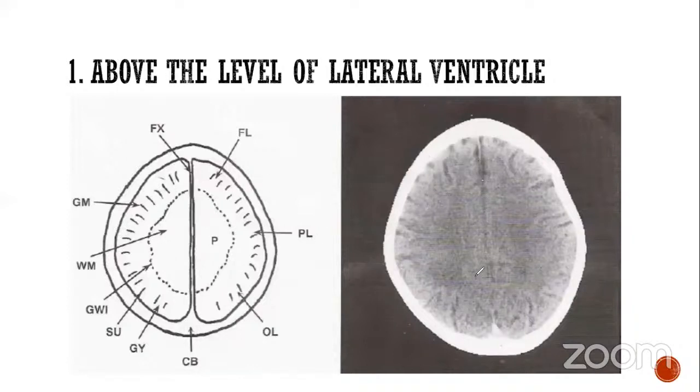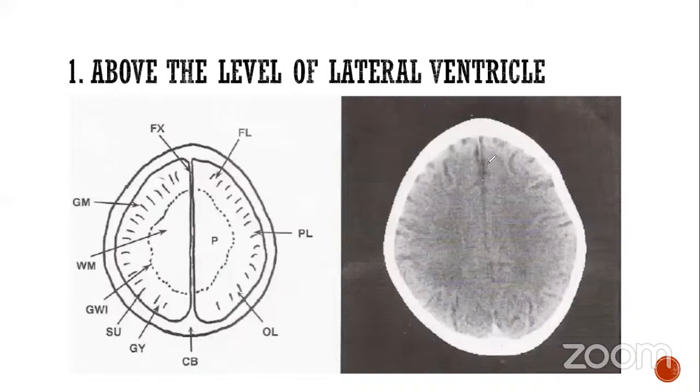Next one is cerebral hemisphere. That is the total cerebral hemisphere, in the midline divided by the falx cerebri. In the cerebral hemisphere, that is the frontal lobe, in the middle that is the parietal lobe, and in the posterior portion that is the occipital lobe. And in the periphery, those are the cranial bones.